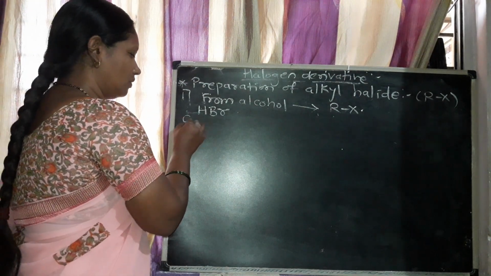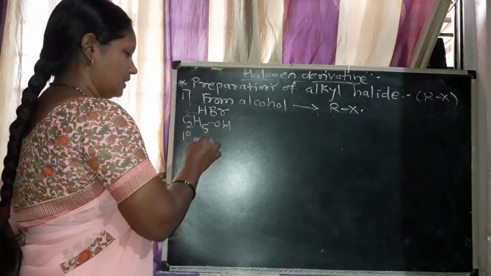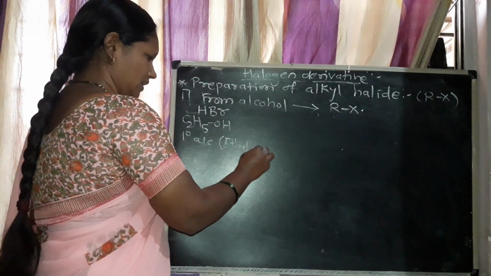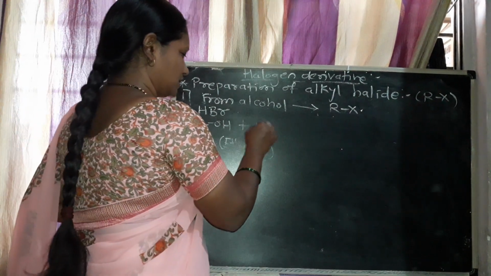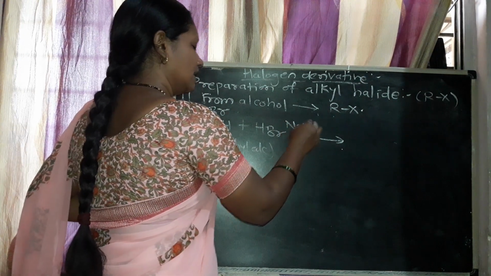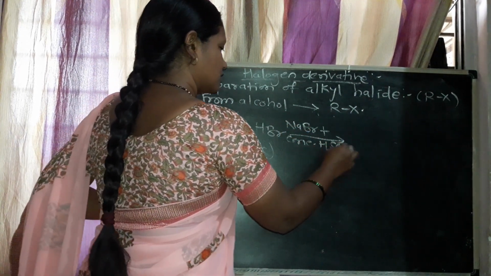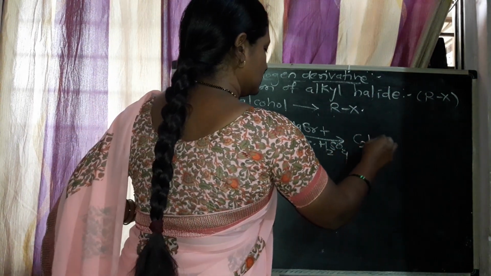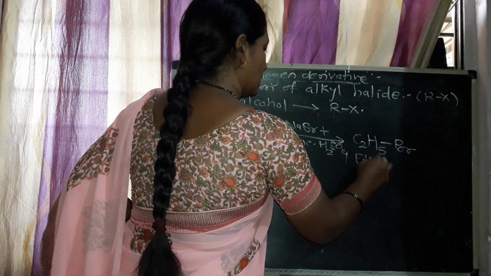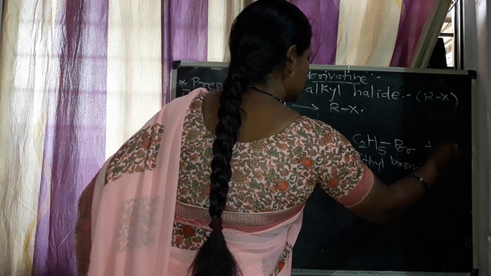First, primary alcohol C2H5OH, the name is ethyl alcohol, plus HBr. Then in the presence of the catalyst NaBr plus concentrated H2SO4, the OH is substituted by the Br atom. Then the product ethyl bromide is formed, plus H2O.